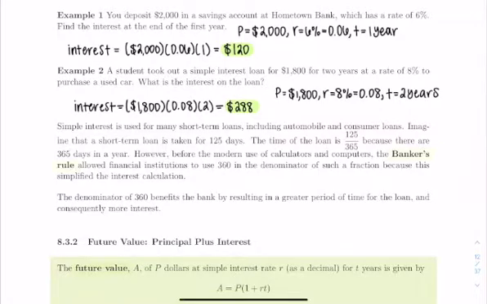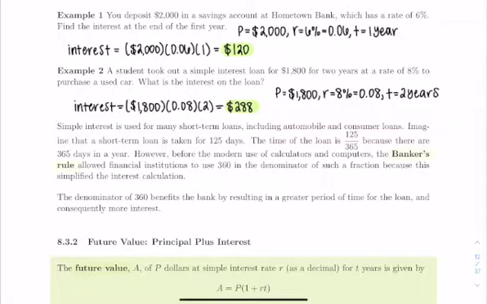Simple interest is used for many short-term loans, including automobile and consumer loans. Imagine that a short-term loan is taken for 125 days. The time of the loan is 125 divided by 365 because there are 365 days in a year.